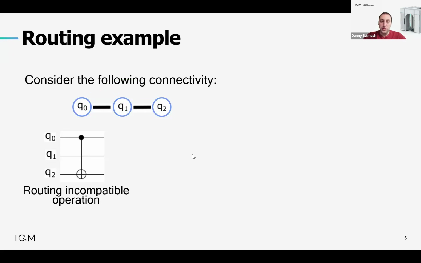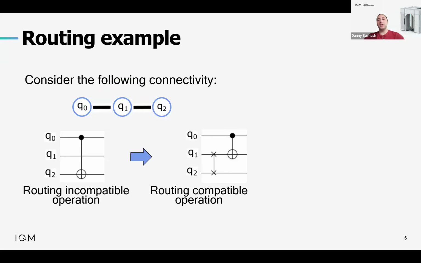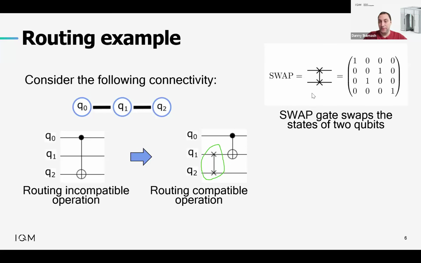So what we have to do is write a slightly different circuit. And this involves this gate which we've drawn here. We haven't seen this gate before. What does it do? That gate is called a swap gate.